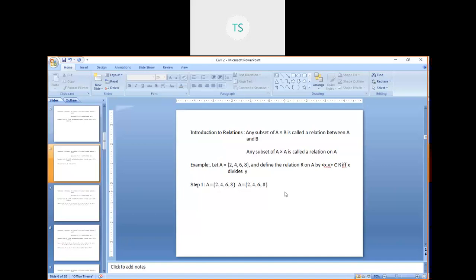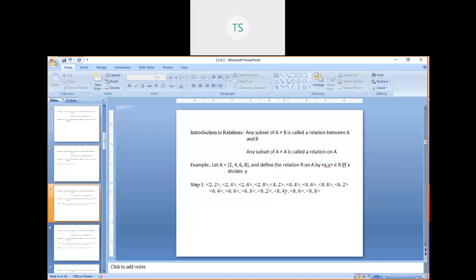Now, what are the elements of the Cartesian product A cross A? Can you tell me some elements? Ordered pair 2, 2, yes. Then 2, 4, 2, 6, 2, 8. Similarly with 4: 4, 2, 4, 4, 4, 6 and 4, 8.